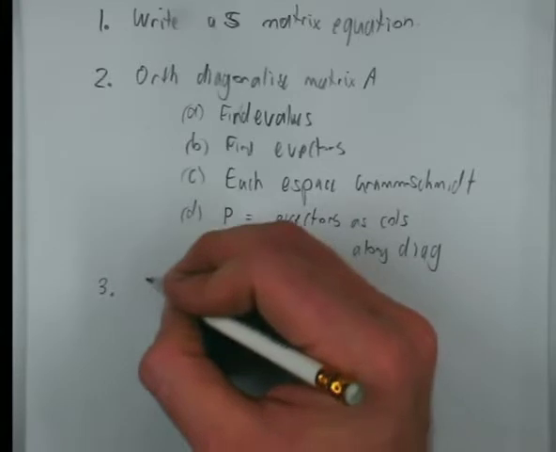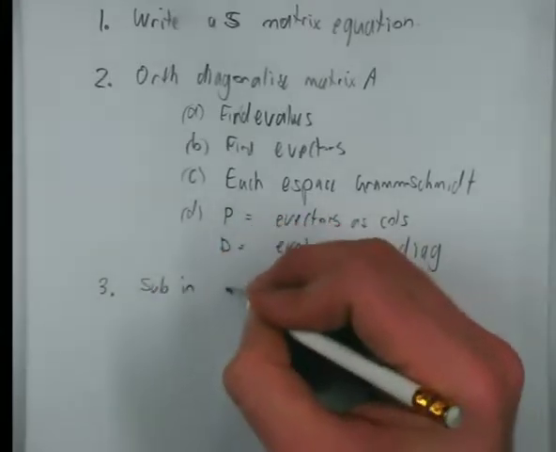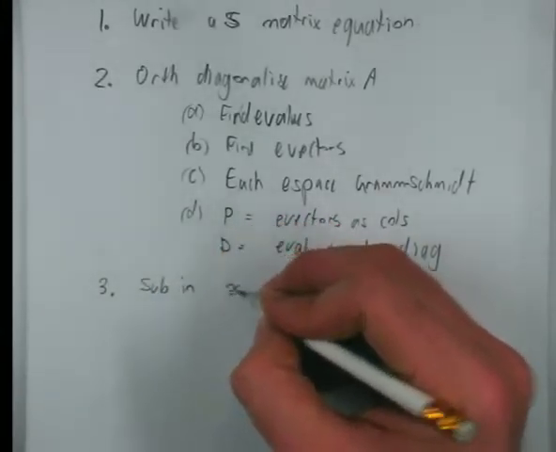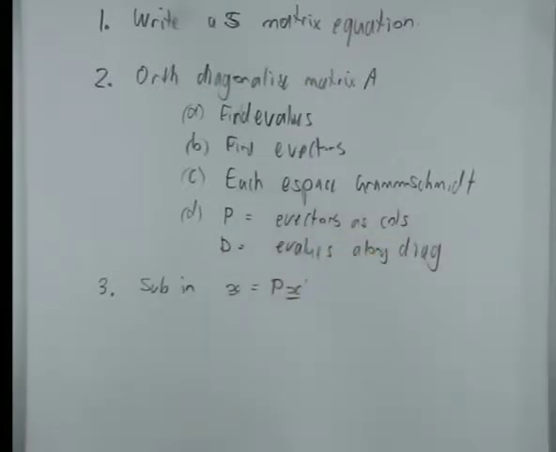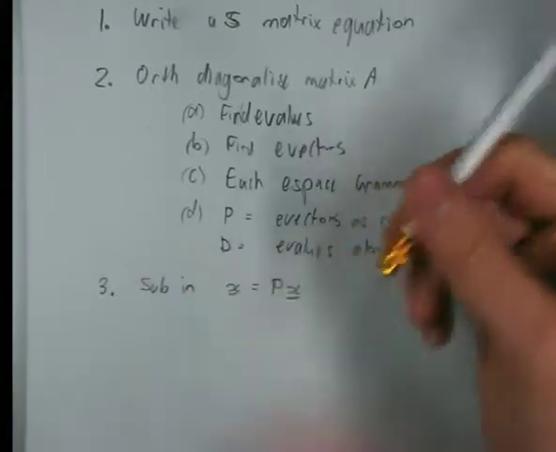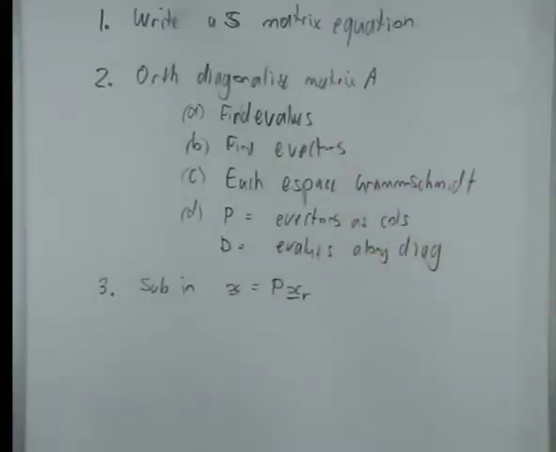Then you're going to sub in x equals P xr, and they normally put a dash on that. The dash apostrophe there really confuses me, because over in dynamics, when you do x dash, you mean the derivative of x, and so I tend to call it xr for rotated x. Because what this whole thing is to do is to rotate the coordinate axes underneath your conic or quadric.